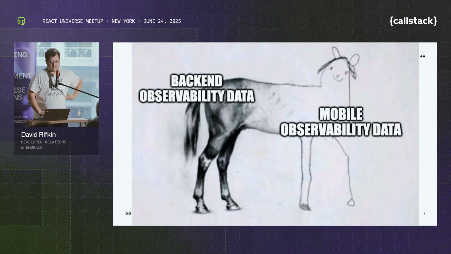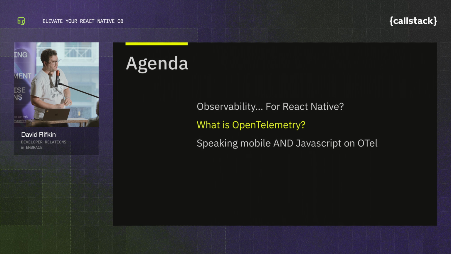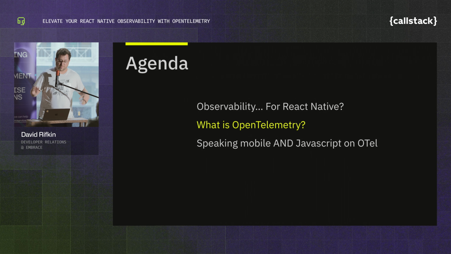So the nice thing is that standard that they're all moving to actually creates an opportunity for mobile developers. That opportunity is OpenTelemetry. I'm going to talk a little bit about OpenTelemetry. I promise this is not from a textbook. It's just how it works, and it's kind of cool.